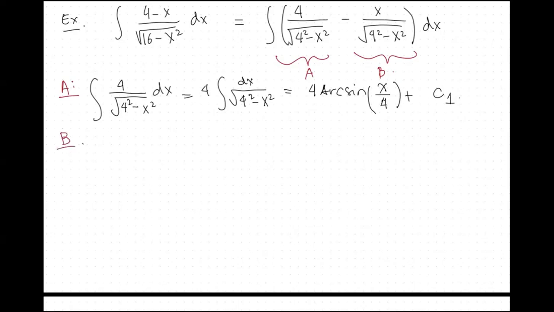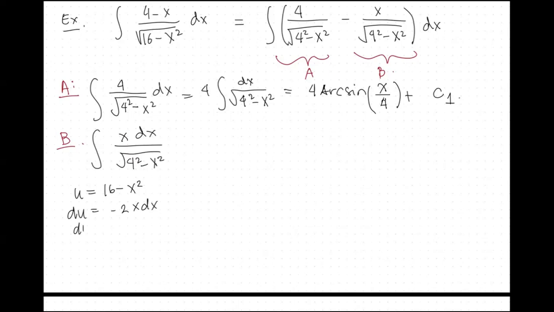And then for the second integral, the integral of x dx over square root of 4 squared minus x squared. For the second integral, we get u is 16 minus x squared, and then du is negative 2x dx.